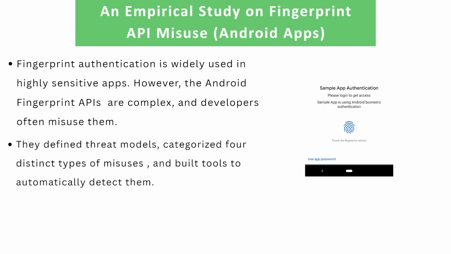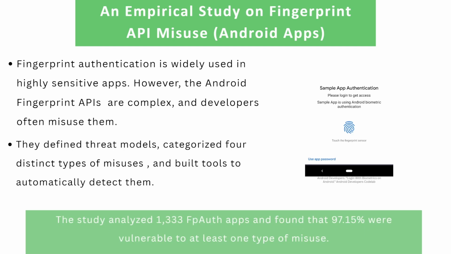So they define some threat models and categorize some misuses, and they analyzed over 1,000 apps and found that 97% were vulnerable to at least one type of misuse. And these flaws could lead to unauthorized data access, account compromise, and also financial loss, because a lot of banking apps use this fingerprint feature.